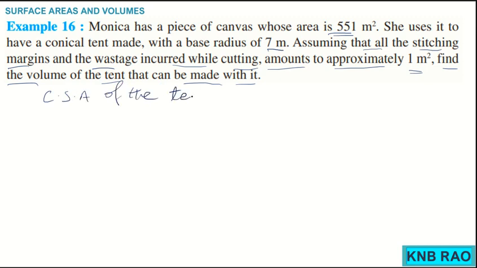CSA of the tent is equal to 551 meter square, wherein there is a loss. How much is the loss? Wastage incurred while cutting and stitching is 1 meter square. That means from the available canvas, 1 meter square is wasted, so you have to subtract that 1 meter square to find the CSA of the conical tent.